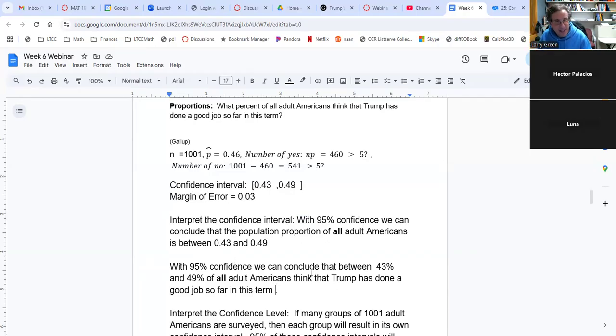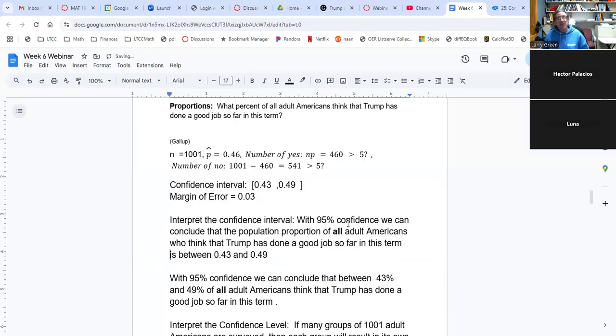And I should say, for the original one, the population proportion of all adult Americans who think that Trump has done a good job so far in this term is between 0.43 and 0.49. So it's two ways of saying the same thing. Any questions on the confidence interval? One is using percents and the other is using decimals, and either way works. Sometimes percent is a little clearer to the general public, because they're used to finding out the percentage of something.